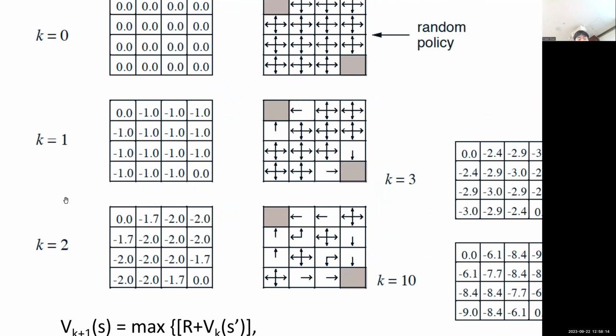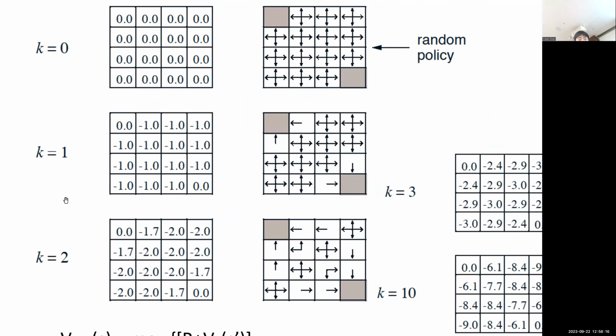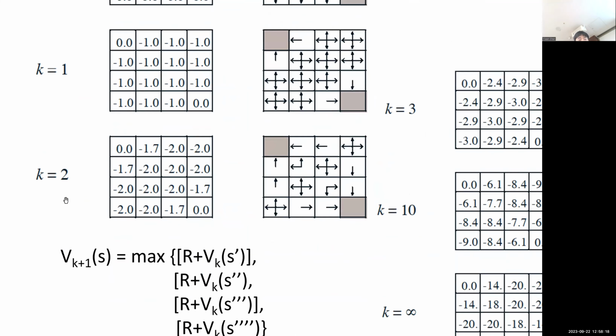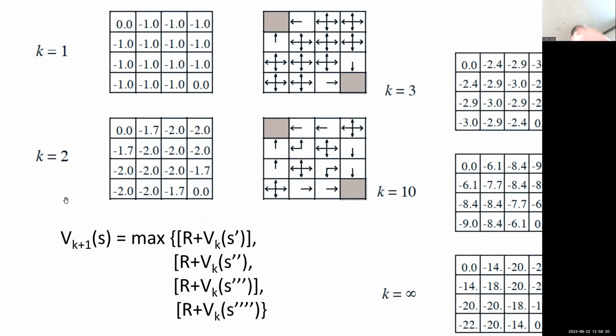So initially we have this 0. So what do we do? For example, we want to calculate this, the first one, the first step.